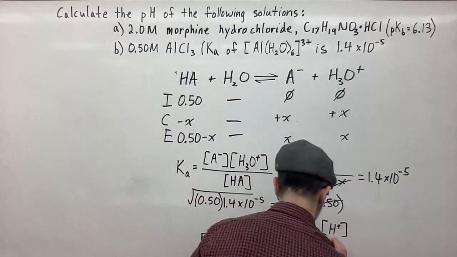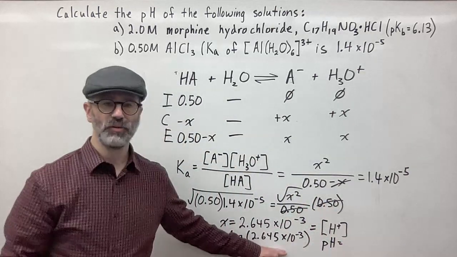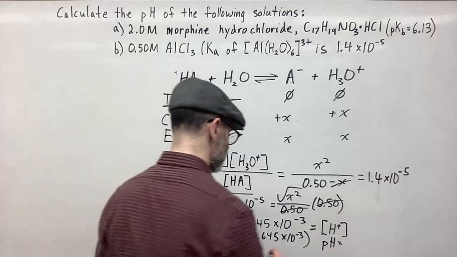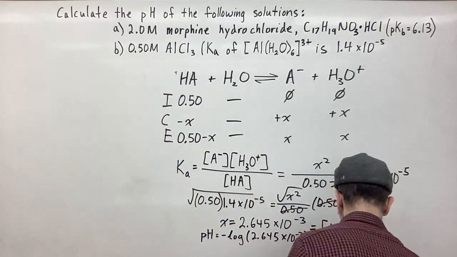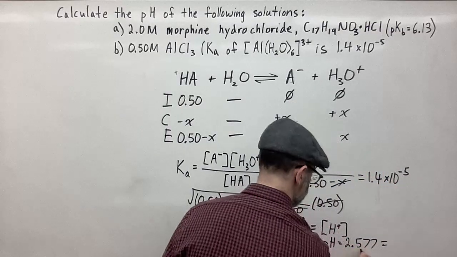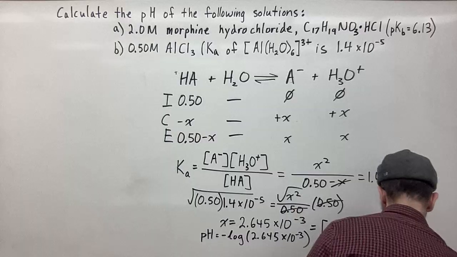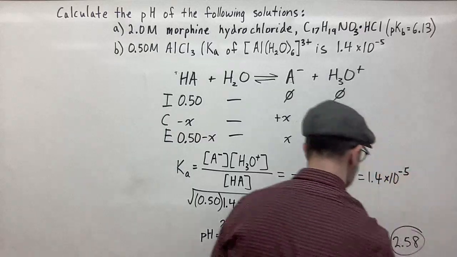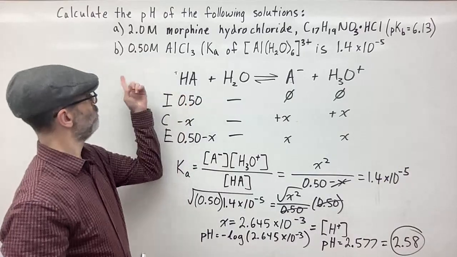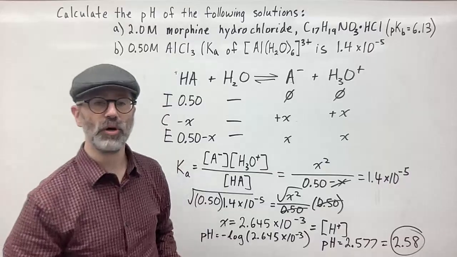If I take the negative log of that, I get 2.577, and if I round to 2 decimal places, that will be 2.58. So that is the pH of this 0.50 molar solution of aluminum chloride.